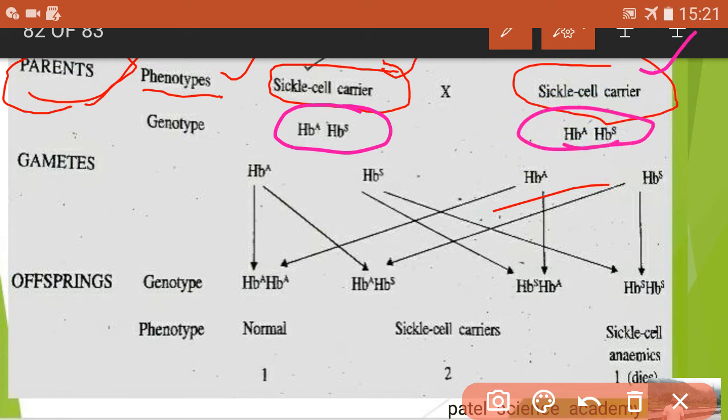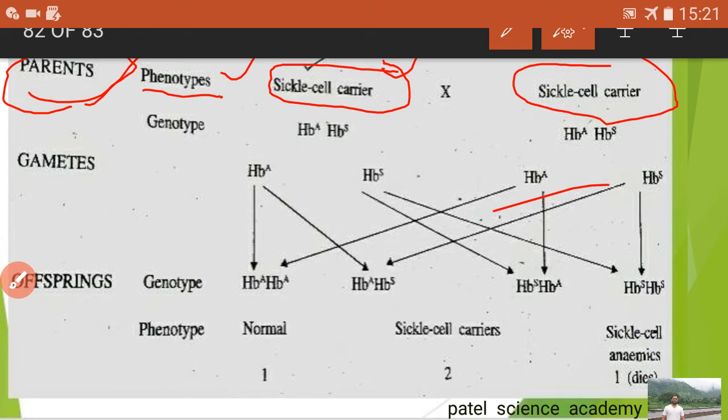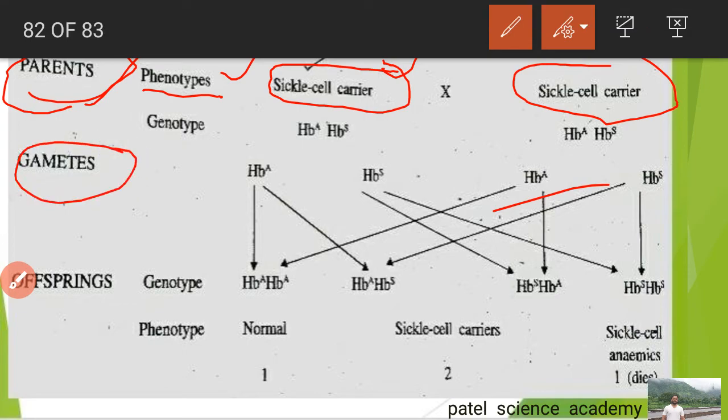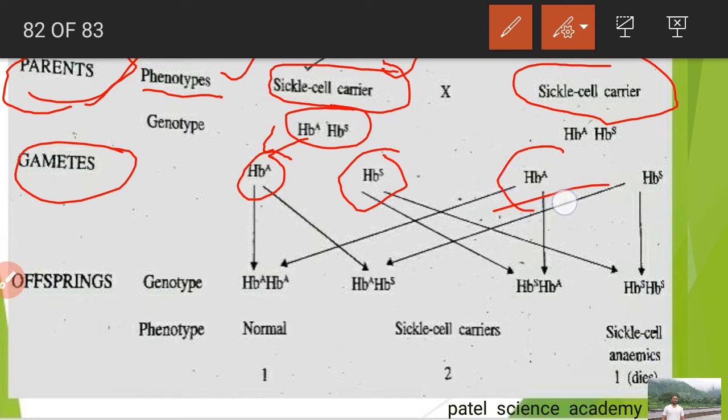These are their genotypes. Their gametes will be one HBA, one HBS. These are the two gametes of this parent, and this parent's gametes will again be the same, HBA and HBS.